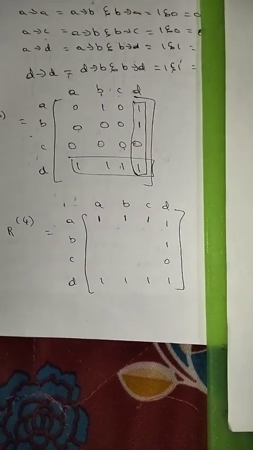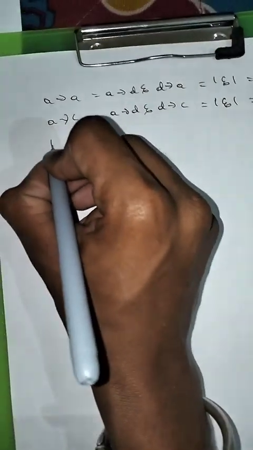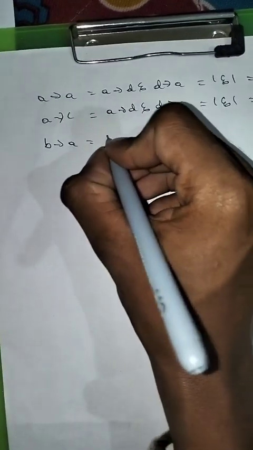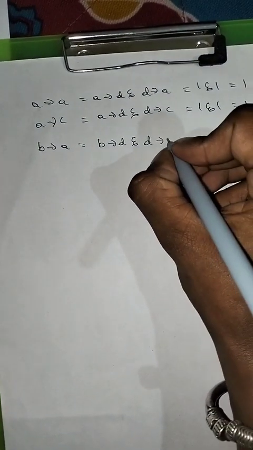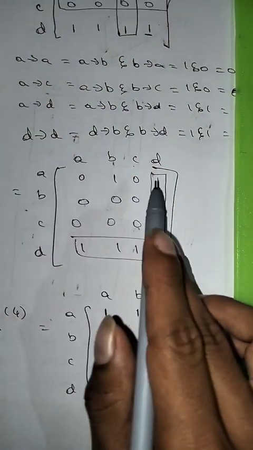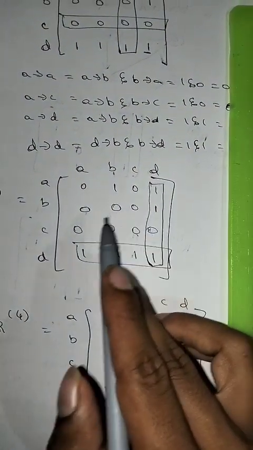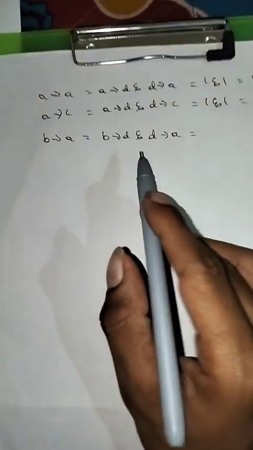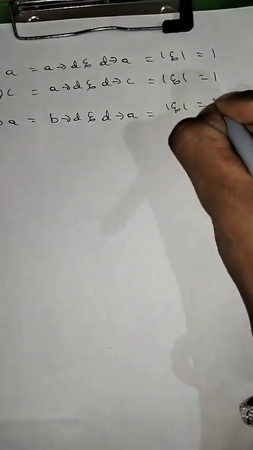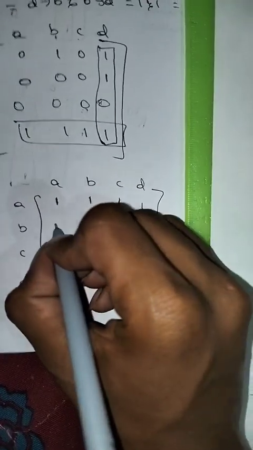Next, B to A. B to D and D to A. B to D is 1 and D to A is also 1. So 1 and 1 we get 1. B to A is 1.